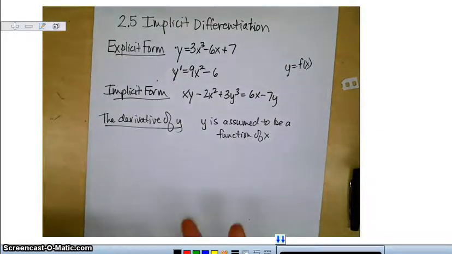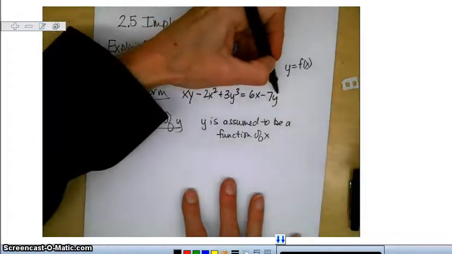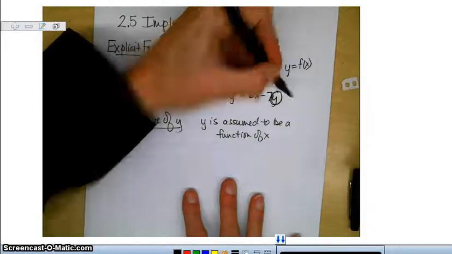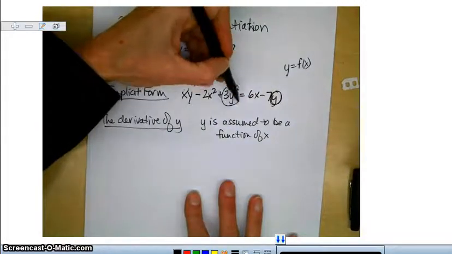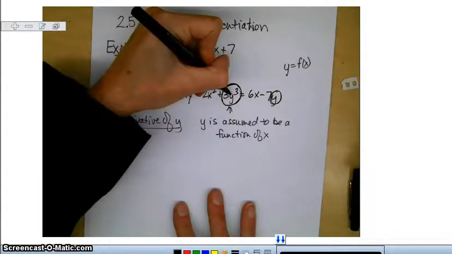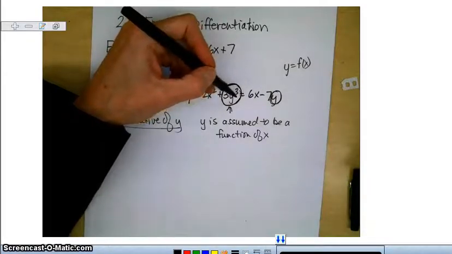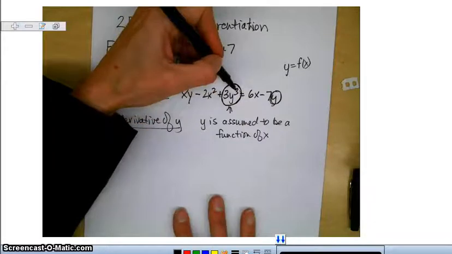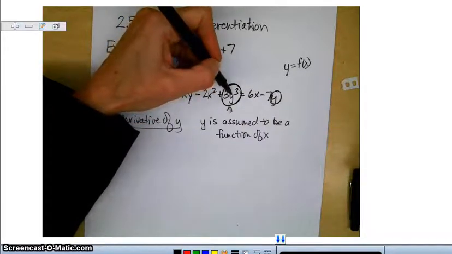So in a problem like negative 7y, y is some inside function. Or 3y cubed is an even better example. If y is assumed to be some secret function that I don't really know, like sine of x, then taking the derivative of 3 sine cubed of x, I would have to use the chain rule, because it has an outside function, 3 times something cubed, and an inside function, whatever y equals.